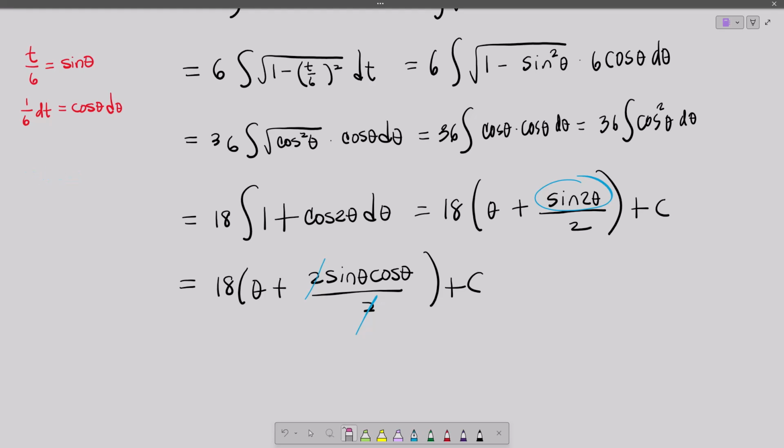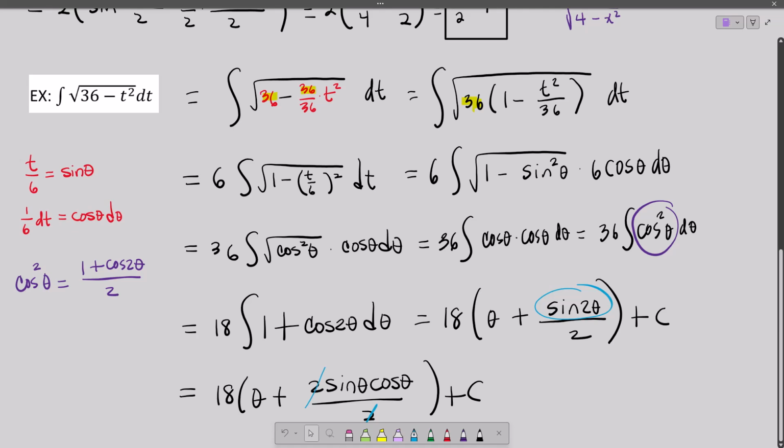The identity that we're using for this right here is cosine squared of theta is 1 plus cosine of 2 theta over 2. So the over 2 part is coming to the front to make the 36 18. Makes sense? Yeah.